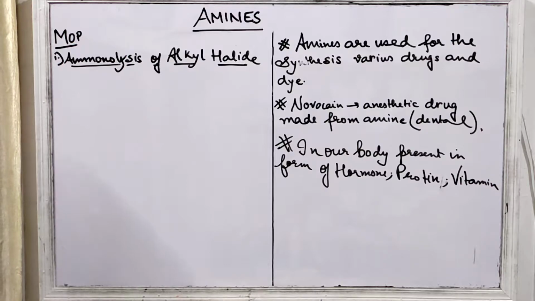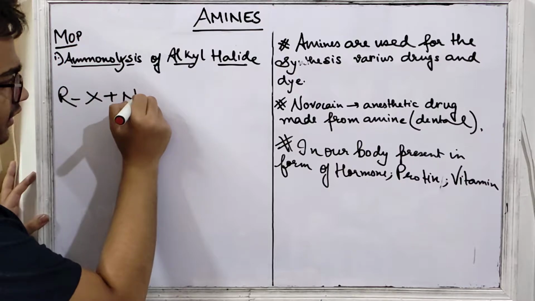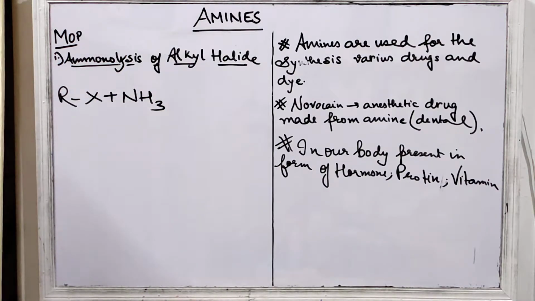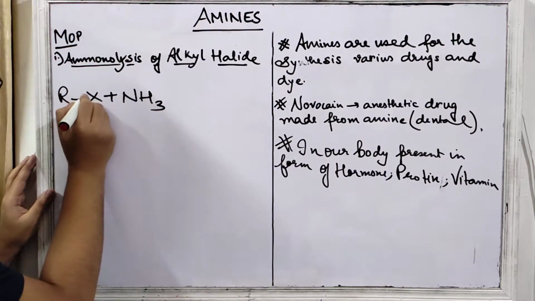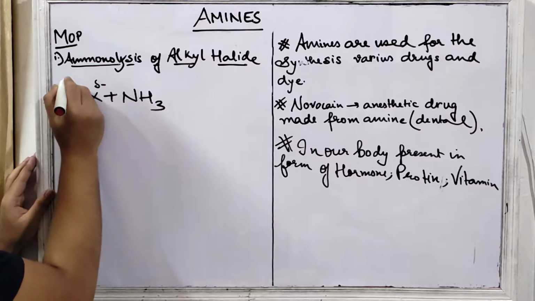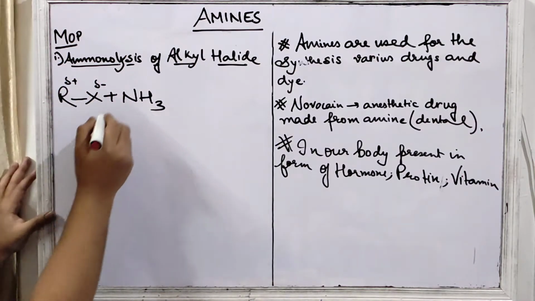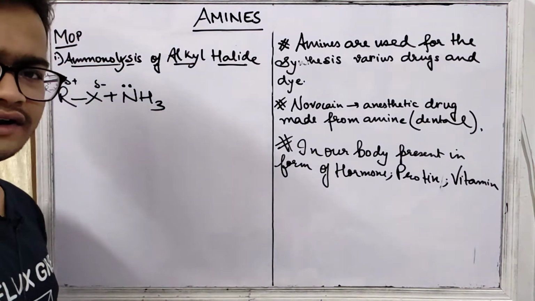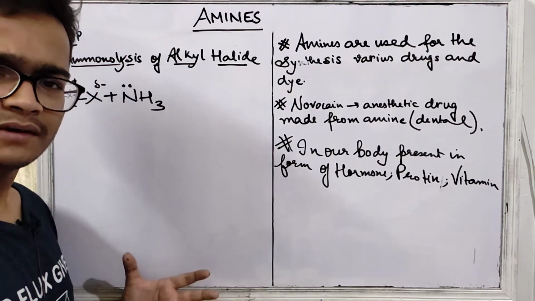Let's take RX plus NH3. Clear? This is ammonia and this is an alkyl halide. Here, the carbon is delta positive and the halogen is delta negative. Nitrogen has a lone pair, which is negatively charged, so it has a tendency to go toward the positive charge.